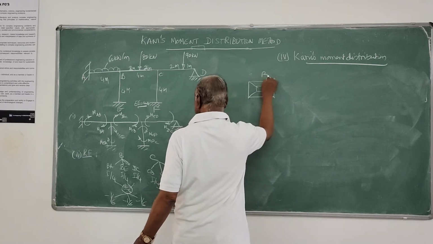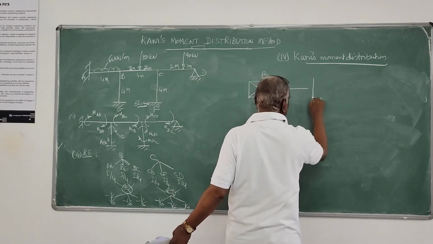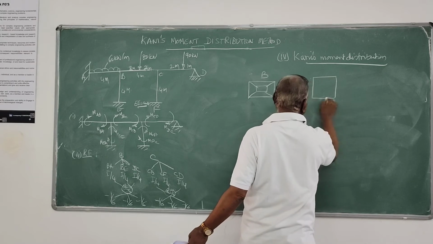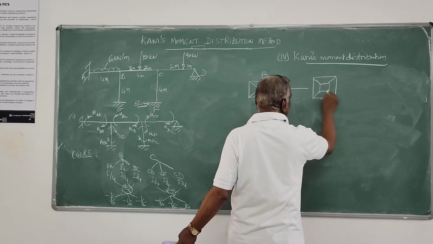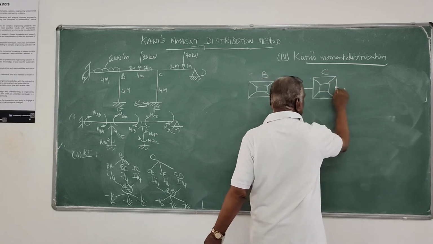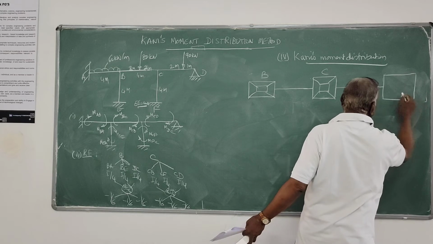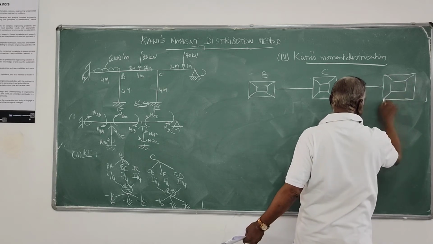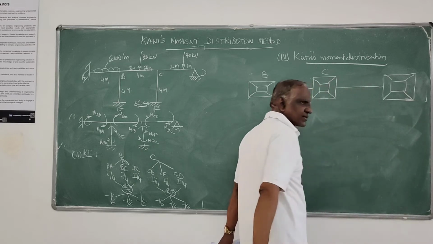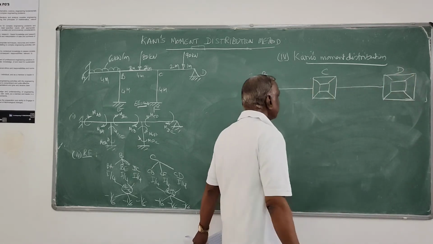That is joint B, next joint C, next joint D. So these are the only 3 joints which are not fixed, wherein rotation is possible.